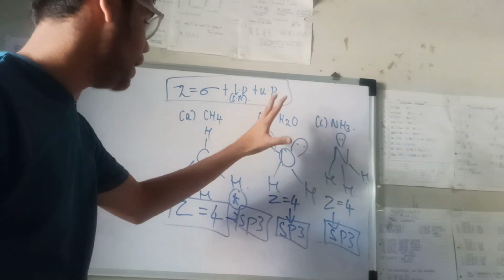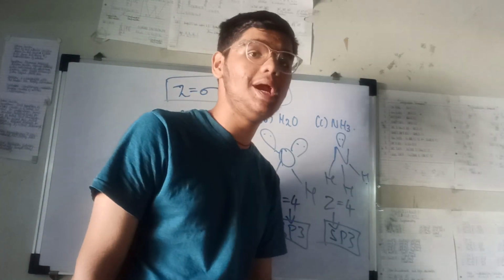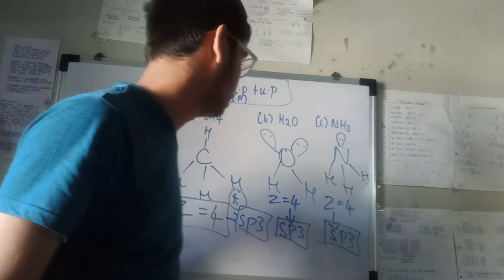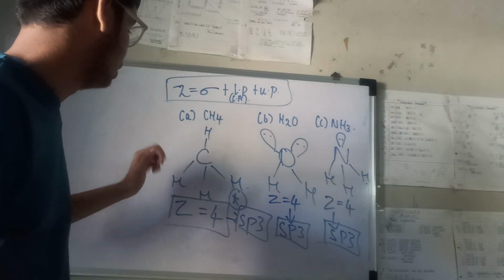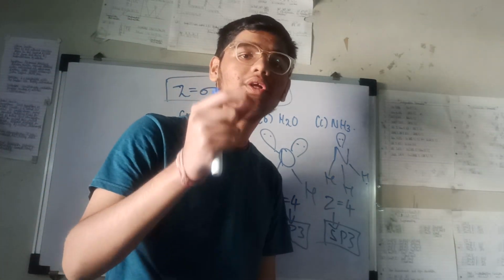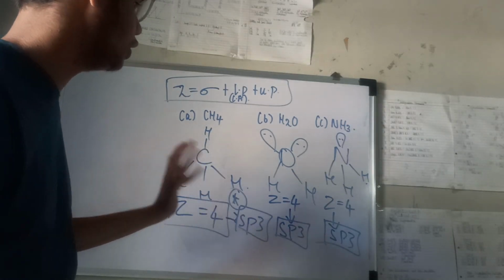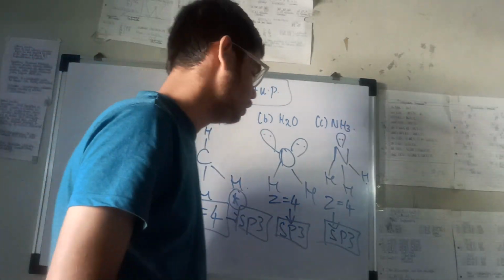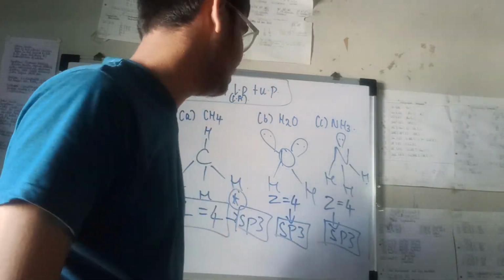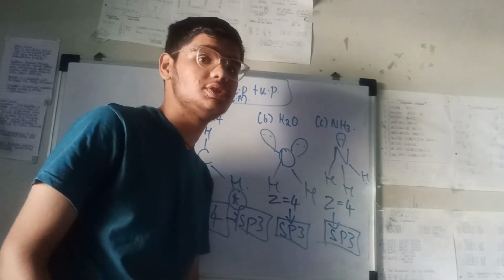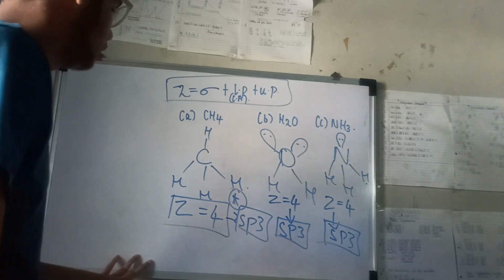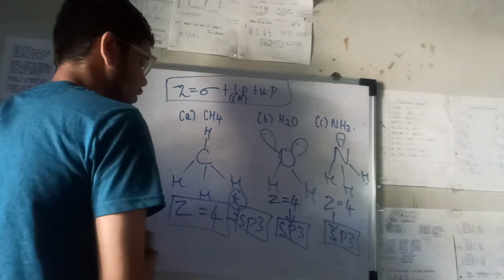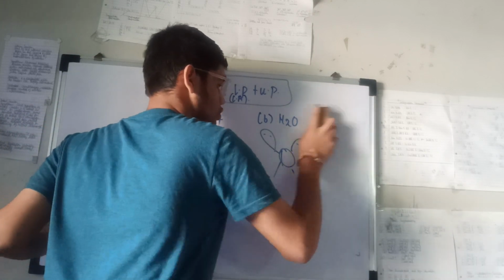H2O is bent, and NH3 is like a pyramid, but CH4 is tetrahedral. That also I will be providing you in this video. Don't worry. Those who have already done this chapter, revise. Now the second method. The first method of calculating Z is clear. That was our aim.